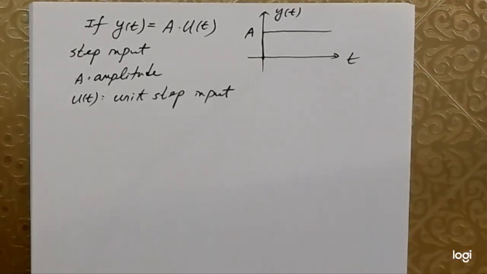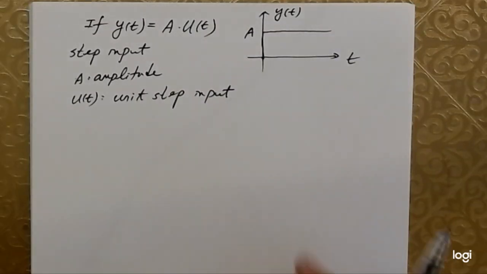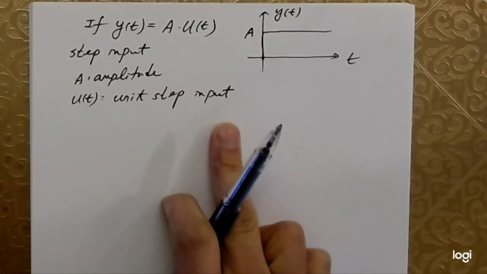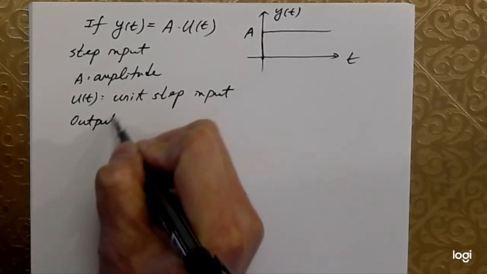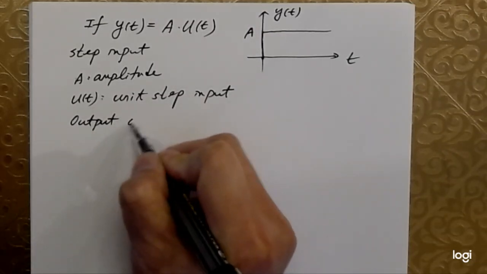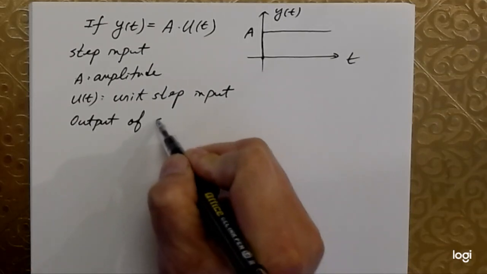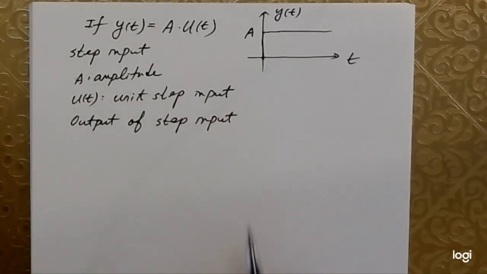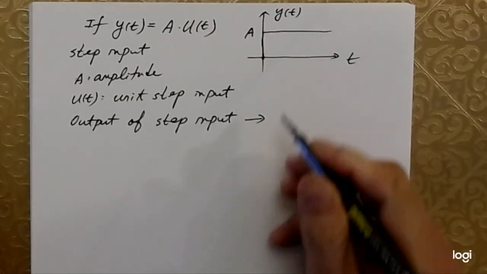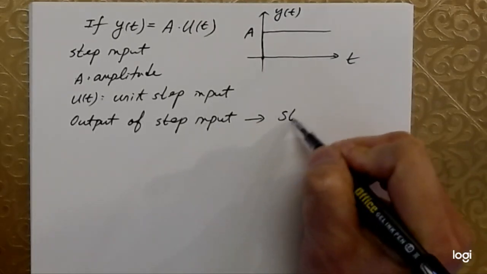Now what's the output? If you remember when we defined input and output, the output is due to the step input. That's what we normally call the step response.